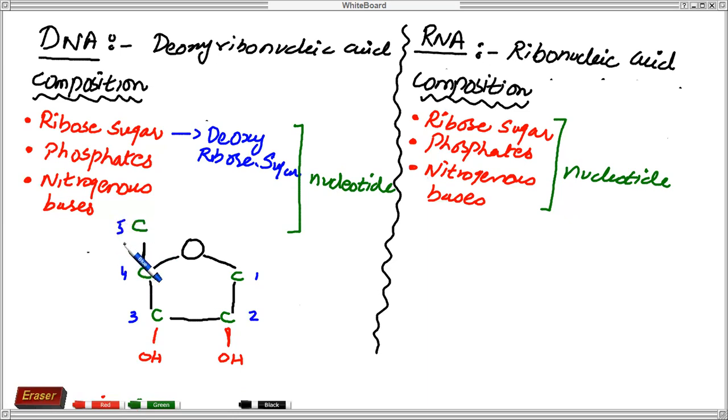In DNA, the oxygen is removed from the second carbon. Okay, then it will become the deoxyribose sugar. And in between first carbon and second carbon, the nitrogenous bases are going to attach with it.